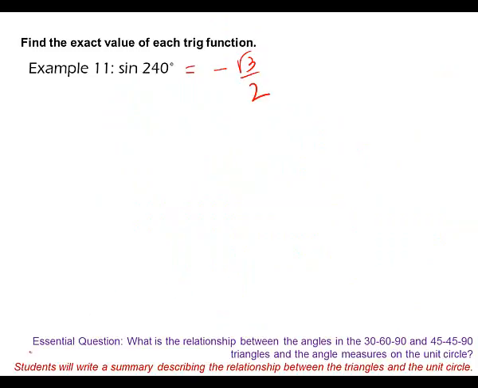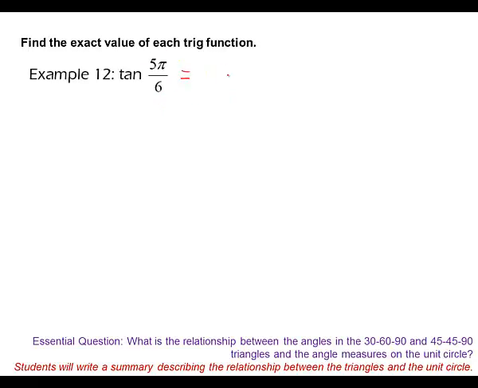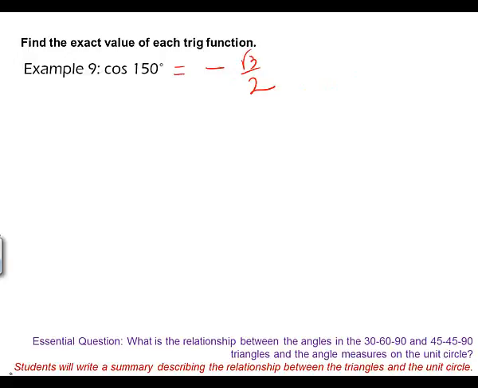Okay, let's look at the next one. All right. 5 pi over 6, it's the tangent. So, which quadrant is 5 pi over 6 in? Second quadrant. Okay, and in the second quadrant is tangent positive or negative? Negative. Good. All right. So, I'm going to the wrong slide.